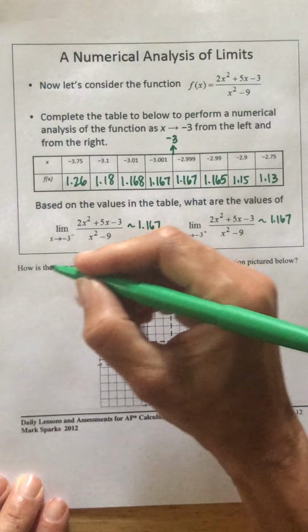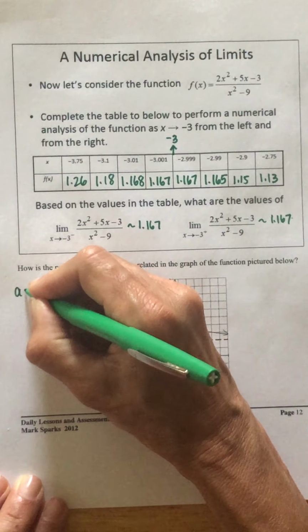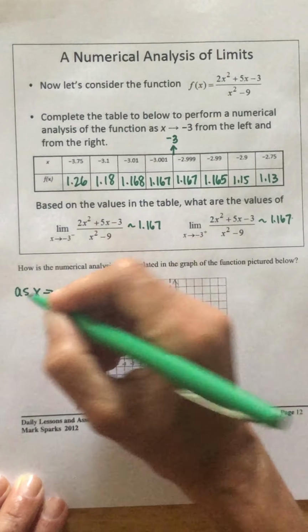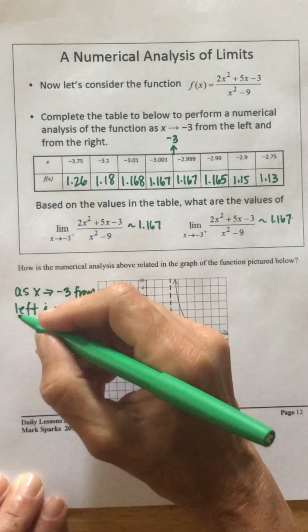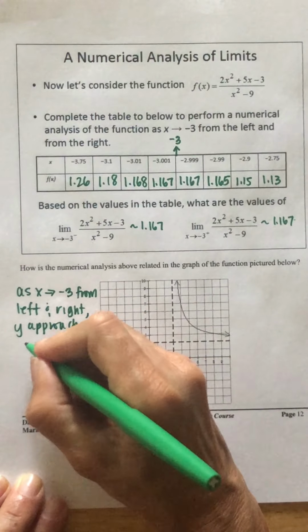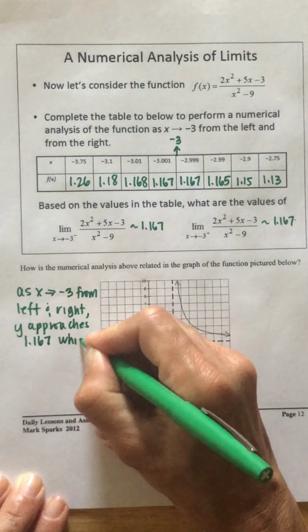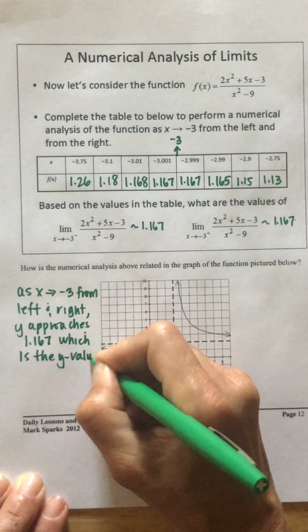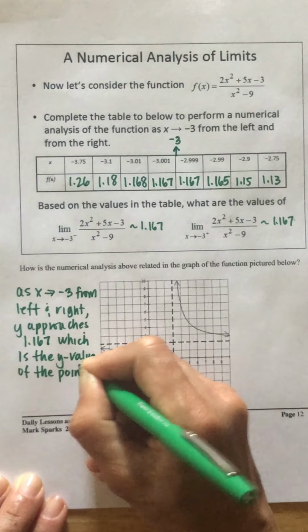Okay, so what we want to write here, and this one has the same number on both sides, so it's a little different from the one prior. So as x approaches -3 from both the left and the right, y approaches 1.167, which, now this is where you get a little bit of analysis in here, which is the y value of the point of discontinuity.